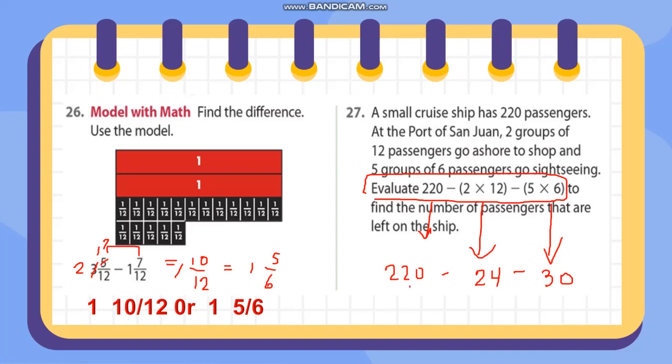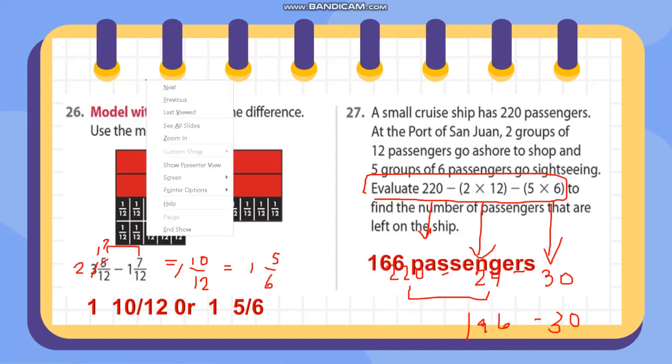So 220 subtract by 24, that is equivalent to how many? That is equivalent to 196. And 196 minus 30 is equivalent to how many? That is equivalent to 166 passengers.